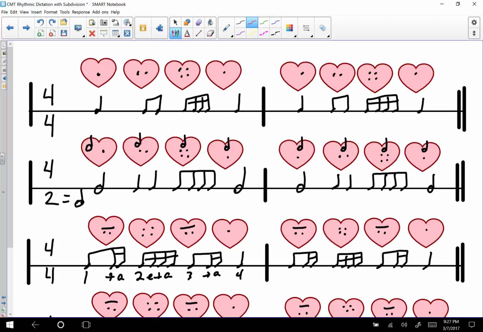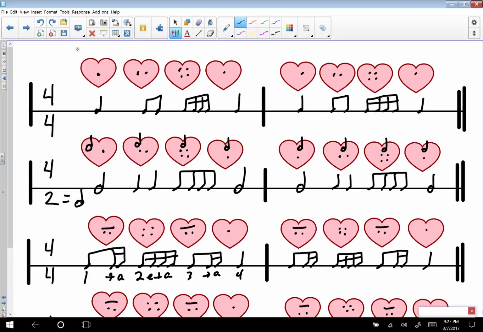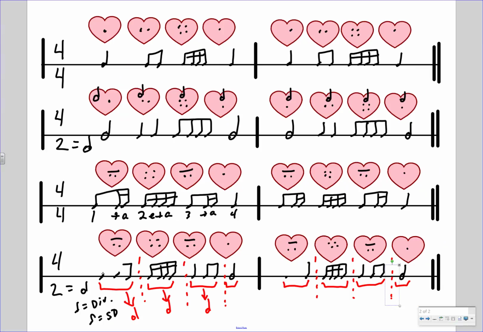I'm going to go back to my black marker now and fix what I erased by mistake, like so. And now we can watch the heartbeats and watch our notation for a time signature of 4/2 with this subdivision. Here it is now.